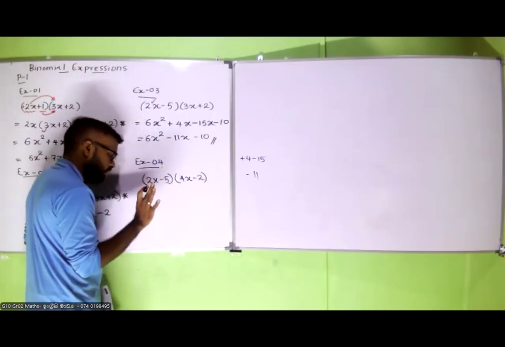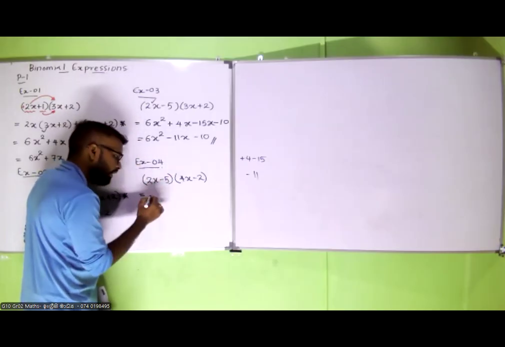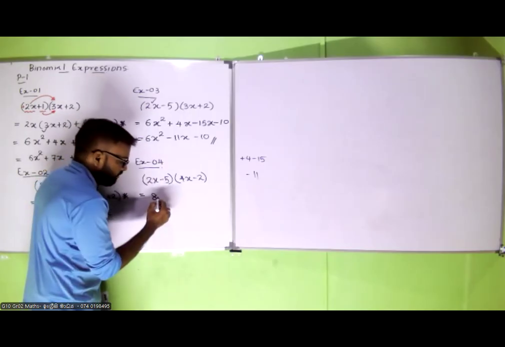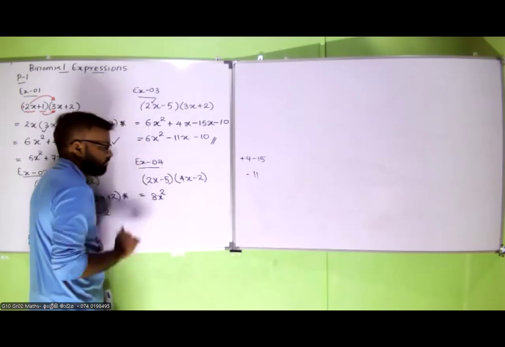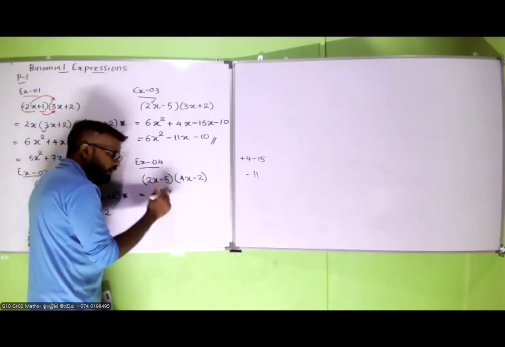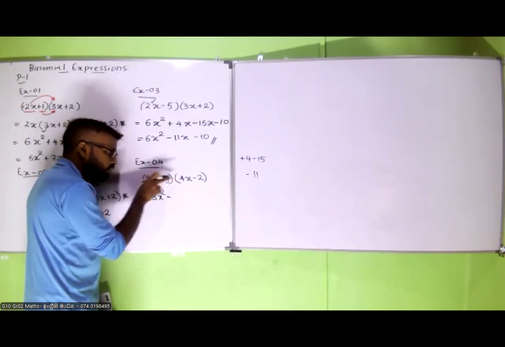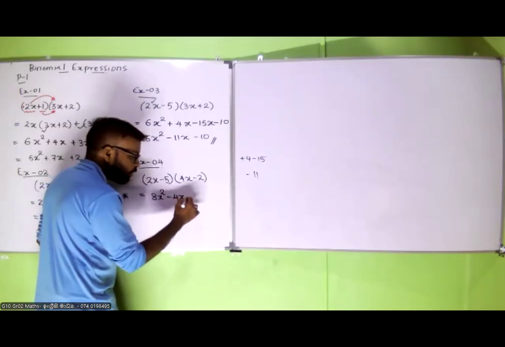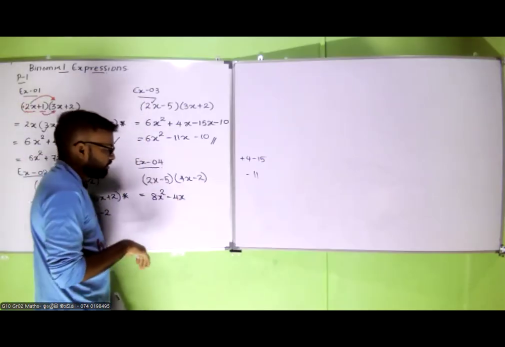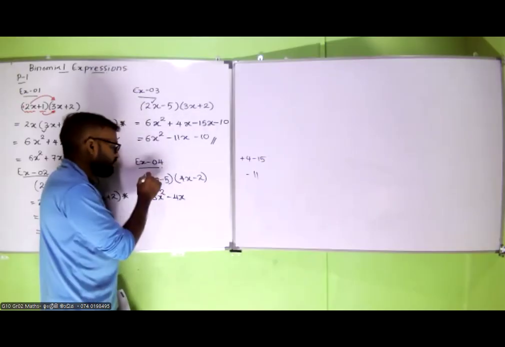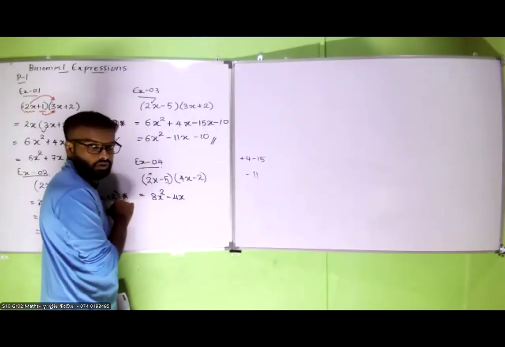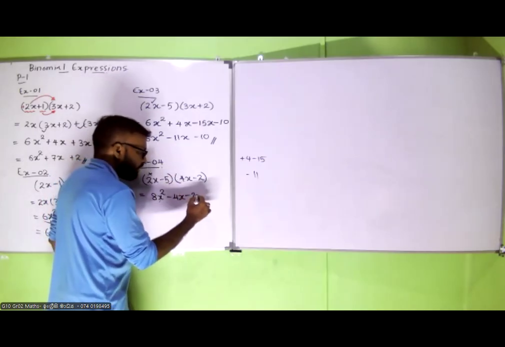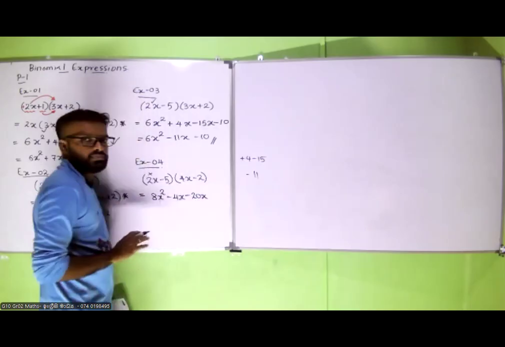Positive into positive, positive, then numbers 2 into 4, 8, then algebraic terms x into x, x squared. Done. Positive into negative, negative, numbers 2 times 2, 4, term x. Totally done with this. Now negative 5: negative into positive, negative, 5 into 4, 20. The term is x. Done.